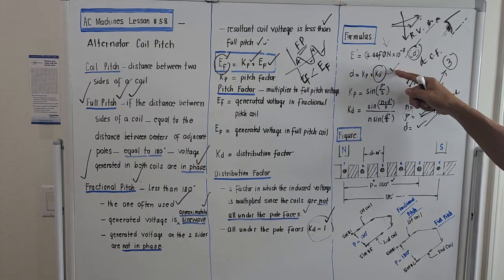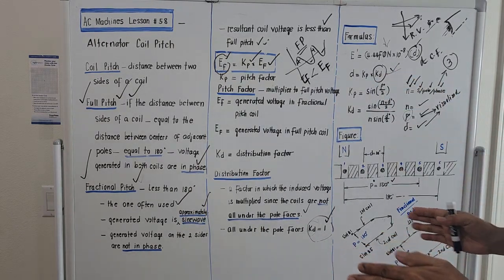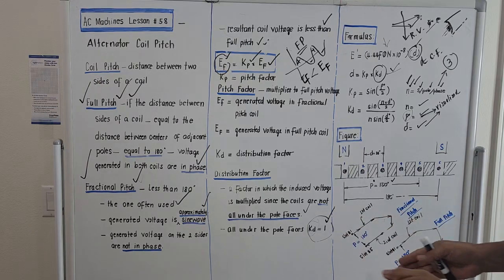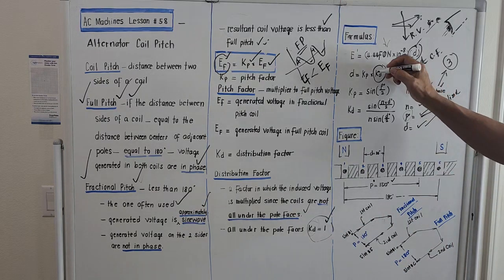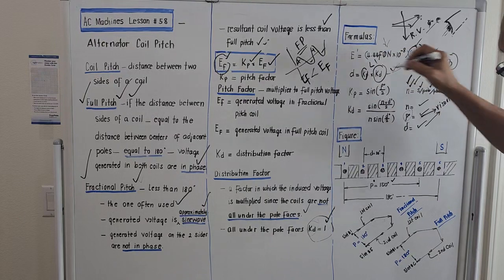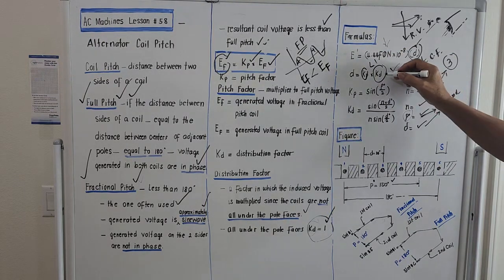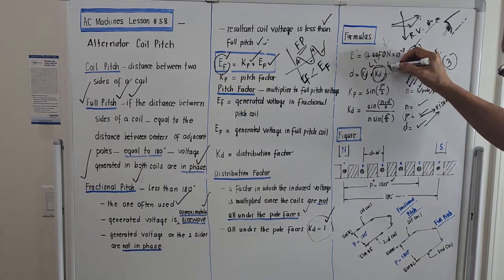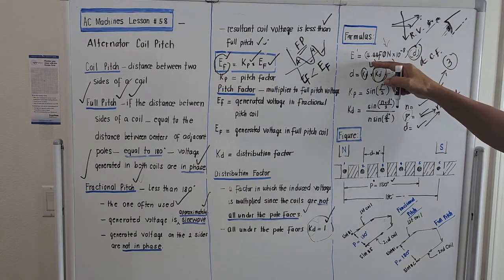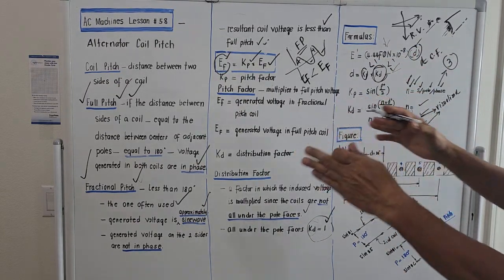Pitch factor, if the distance between the coils is not exactly equal to 180 degrees, there should be a value here less than 1. And in here, the value of K sub D is also less than 1. So a less than 1 times a less than 1 will still be less than 1.